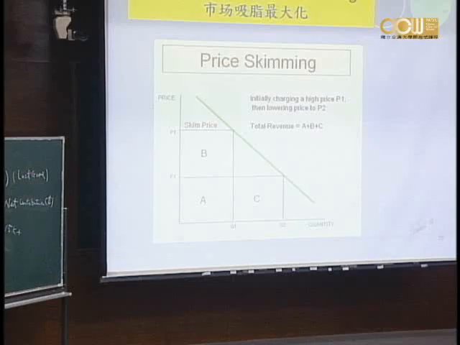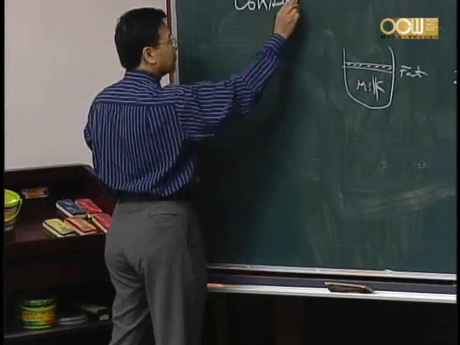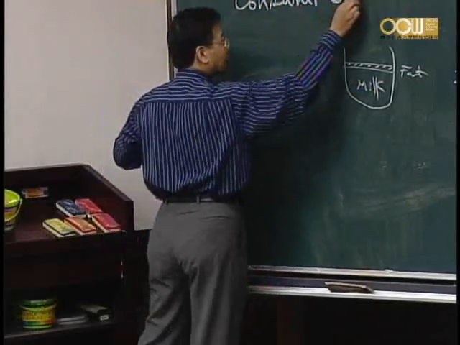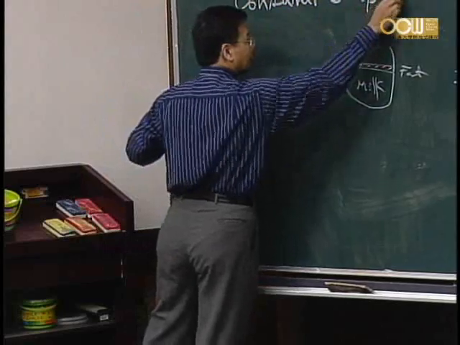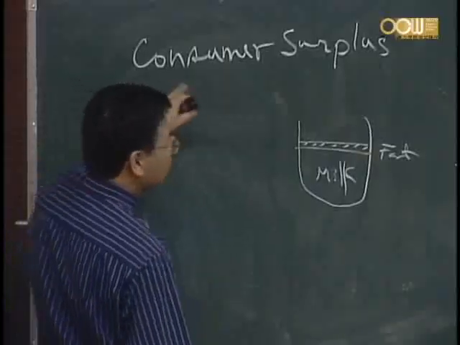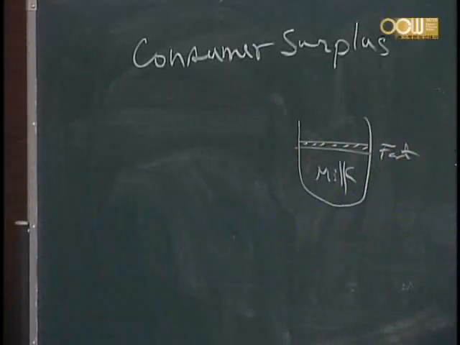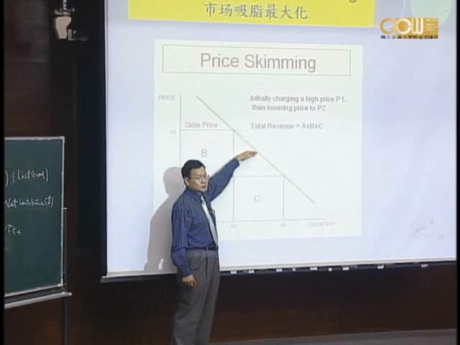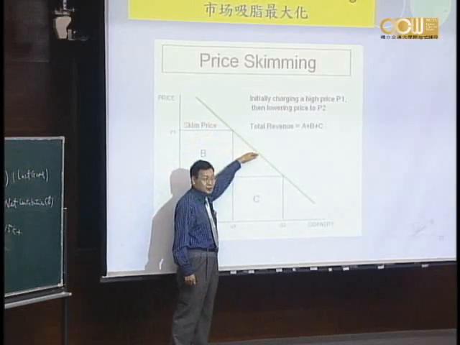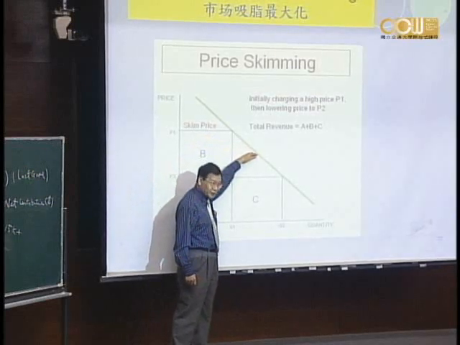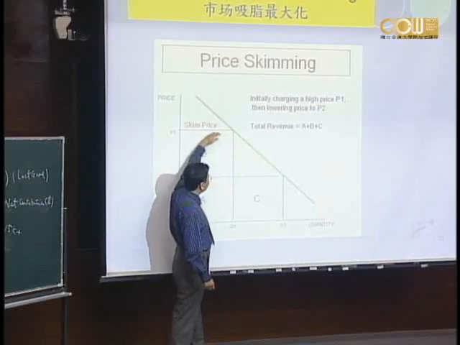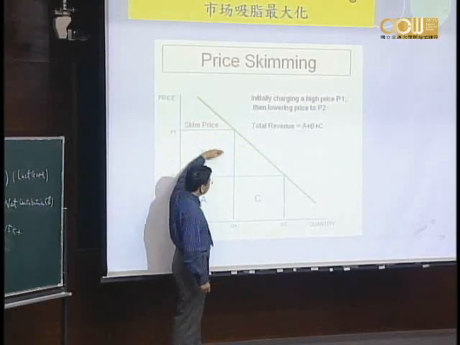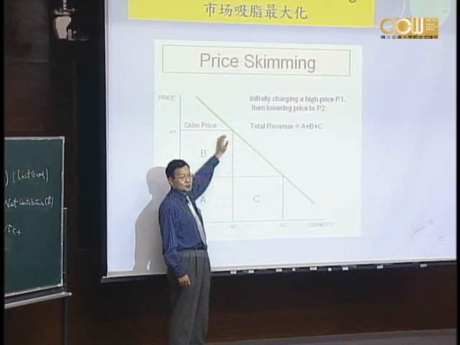What does consumer surplus mean? Very quickly, look at that. If I lower my price, will consumer surplus increase or decrease? Increase. Do you see that? If I lower my price, the consumer surplus will increase.